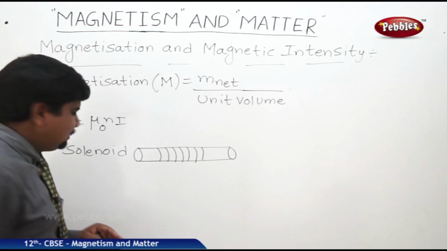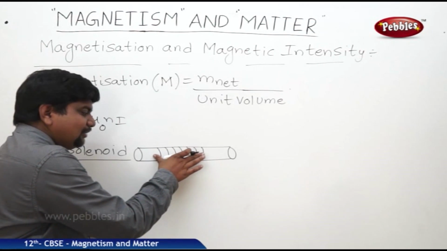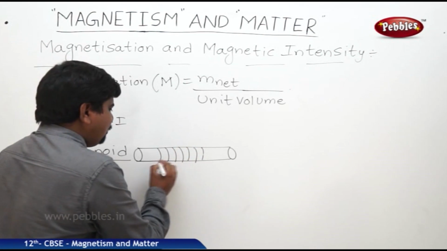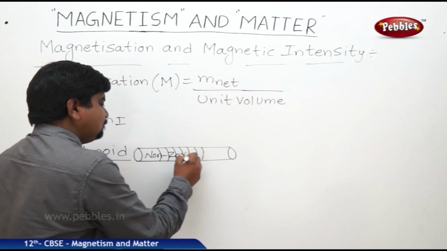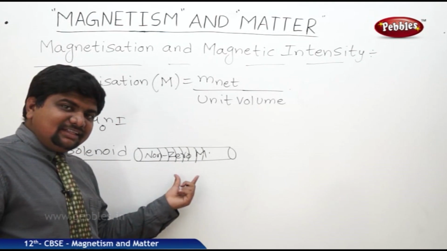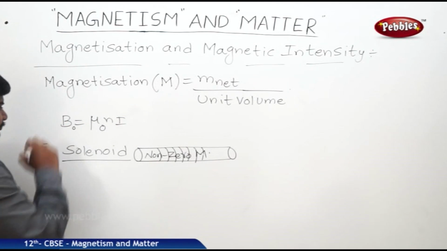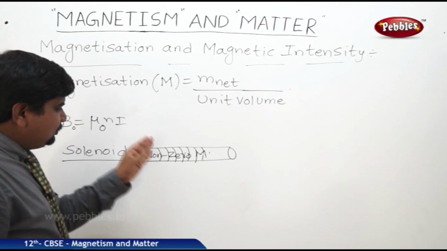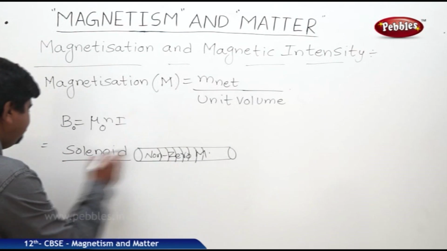If the interior of the solenoid is filled with a non-zero magnetic substance, then the magnetic field inside the solenoid will be greater than B naught.